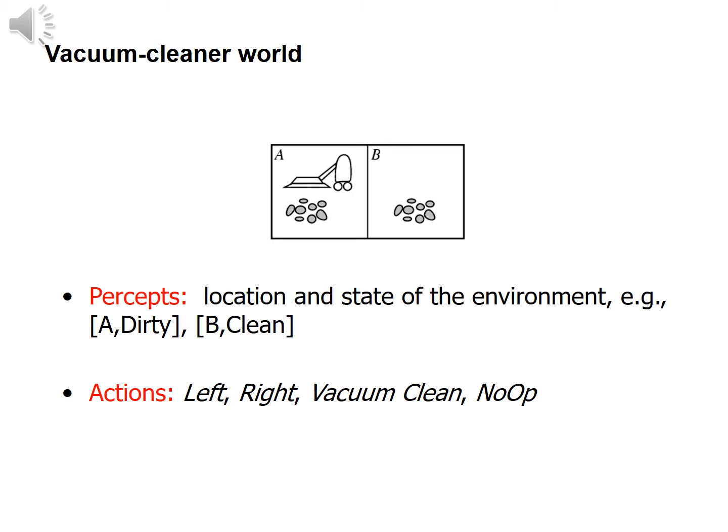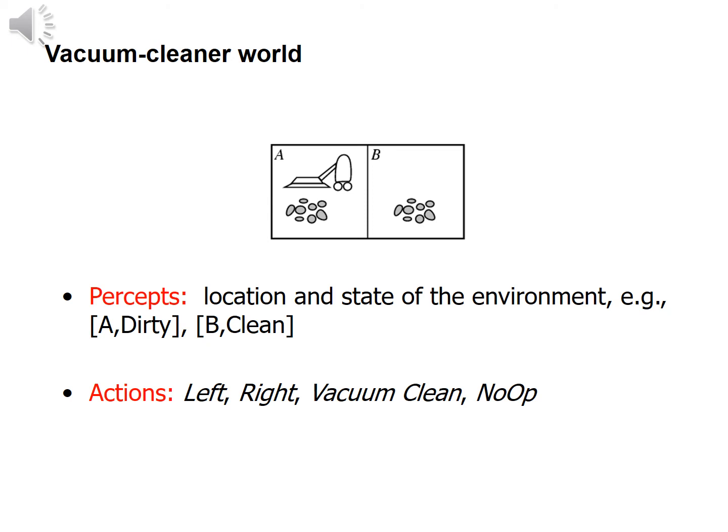Let's have an example of the vacuum cleaner world. On this image, you see a robot vacuum cleaner that can move from one room to the other. There are two rooms, A and B, and there is dirt present or not in each room. The robot can perceive the location and the state of the environment.